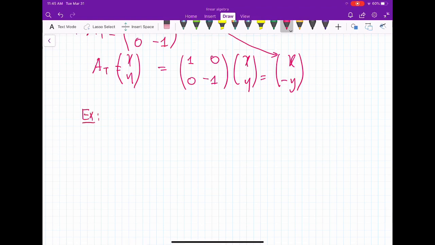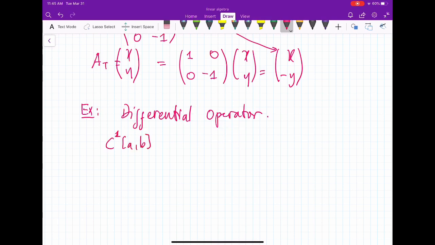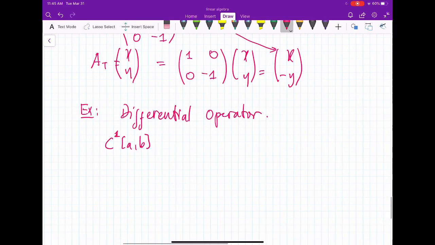That is the differential operator. You consider the vector space C1[a, b]. That is the space of all functions whose derivatives are continuous on [a, b]. Or we can say that is the space of differentiable functions.